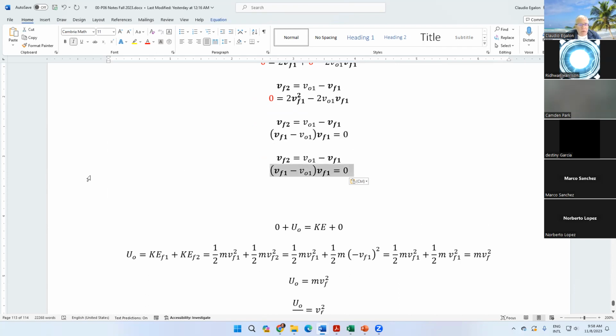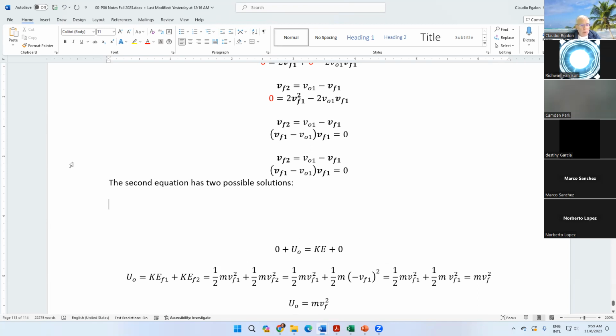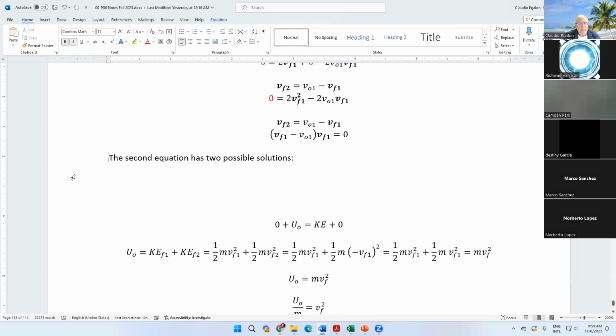Now, this equation here has 2 possible solutions. Okay? This equation has 2 possible solutions. I don't need to repeat it here, right? Because it's already there.